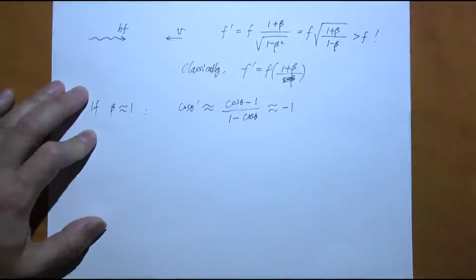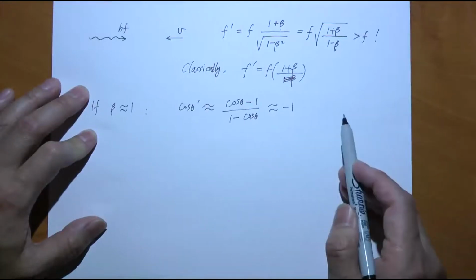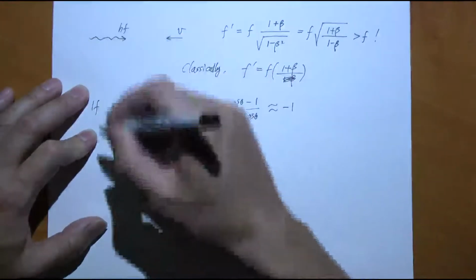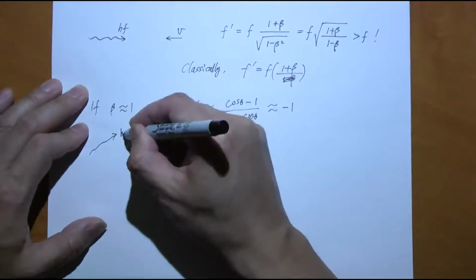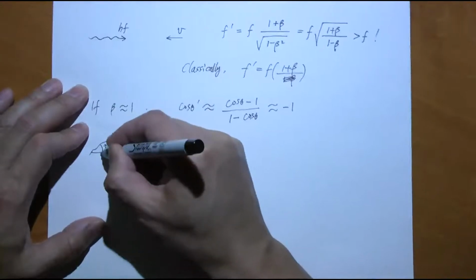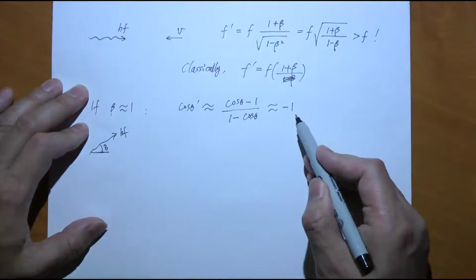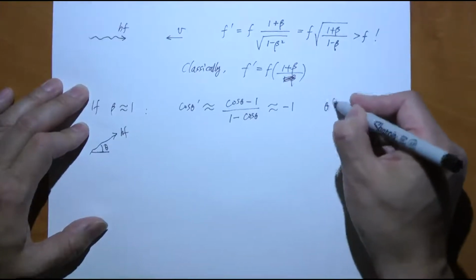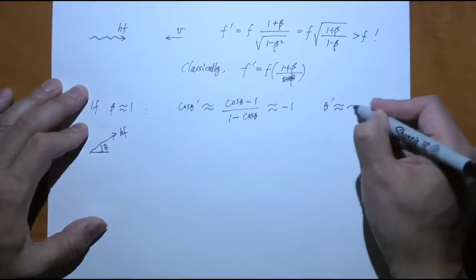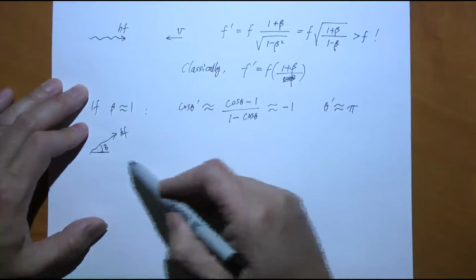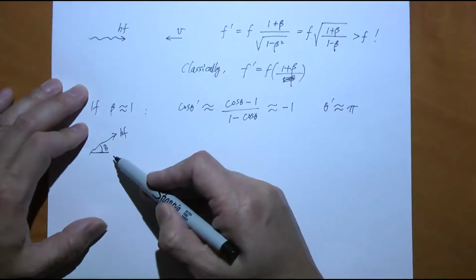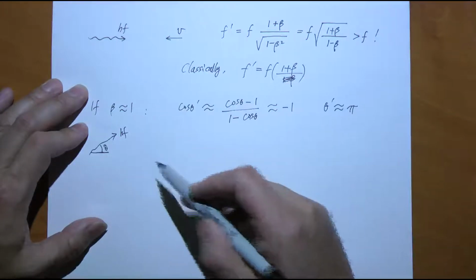That means this beam in the S prime frame, regardless of the incoming direction, which could be like this, the original direction in the S frame, cosine theta prime is almost equal to negative 1, which means theta prime is roughly equal to pi. Pi means it's going towards you instead of leaving you, moving towards you.